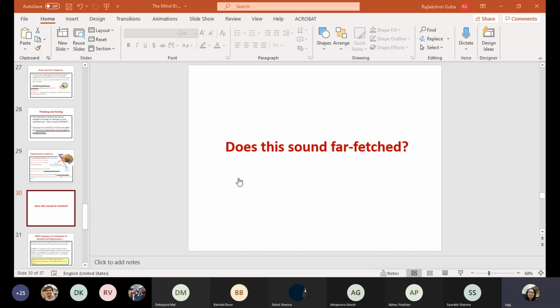Okay, so we'll start with the first one first. It is possible to train the brain to do certain things. Of late, there's a specific area of neuroscience called social affective neuroscience, or affective neuroscience specifically, that looks into this.